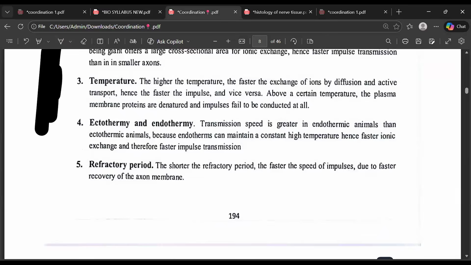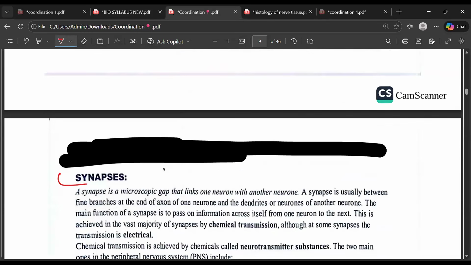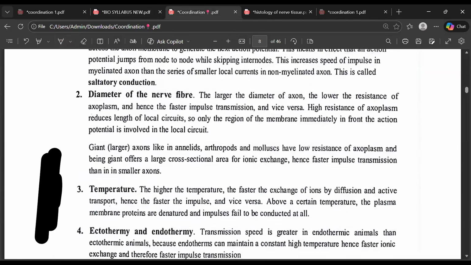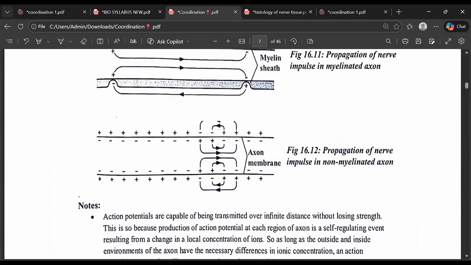After factors, the synapse will begin. So in case anything about the synapse has not been very clear, leave it. The synapse is its own subtopic or its own concept in the whole topic, so you will wait for it in the future. So I think I've given you the plan of everything.